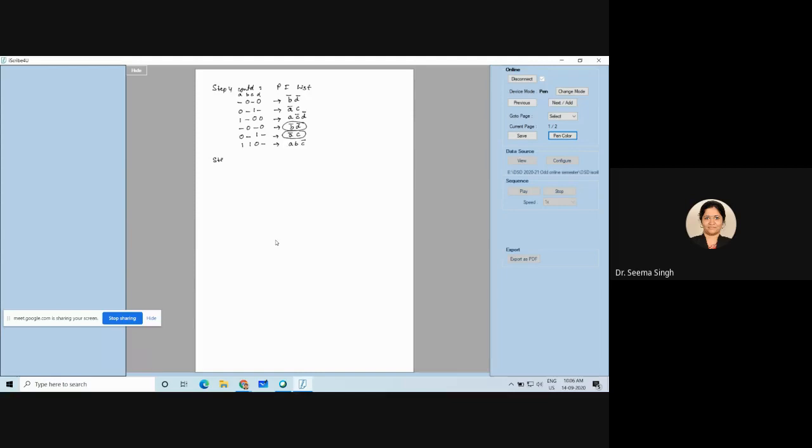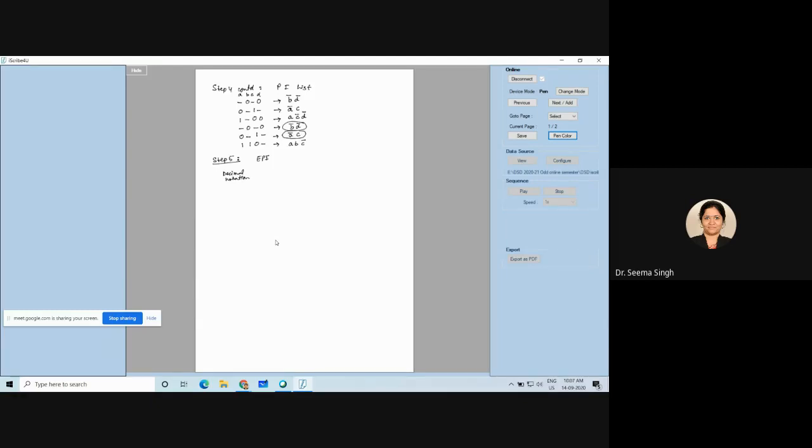Last step is the most important step, which decides between the prime implicants and essential prime implicants. I hope you remember from the last class what we did. We made an EPI table, the essential prime implicant table. We wrote the decimal notation so that we remember.